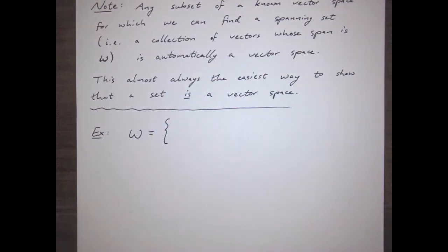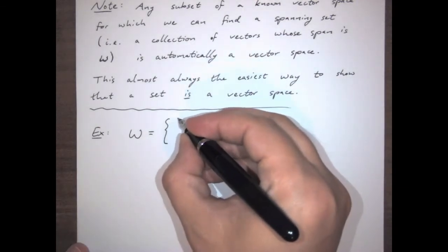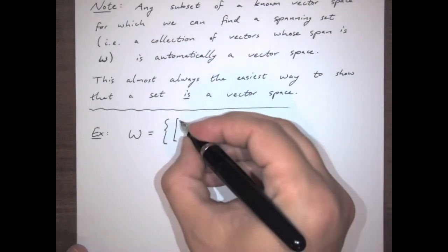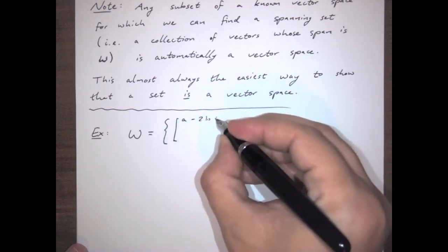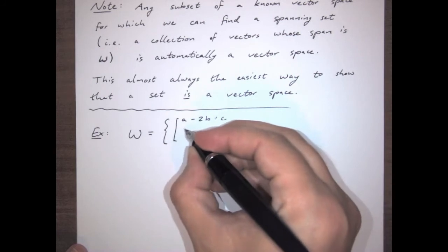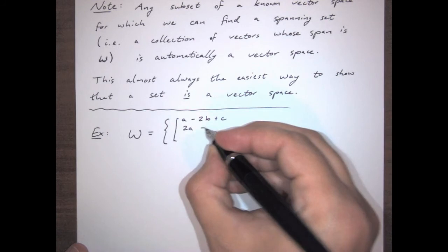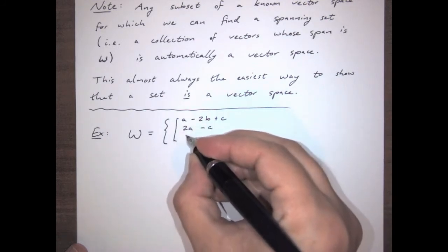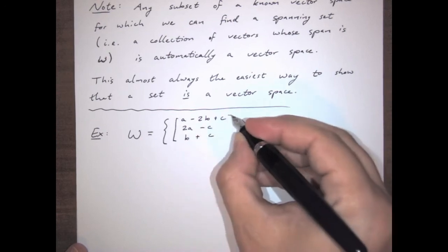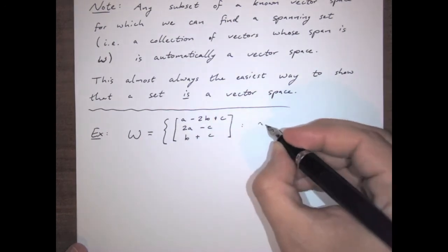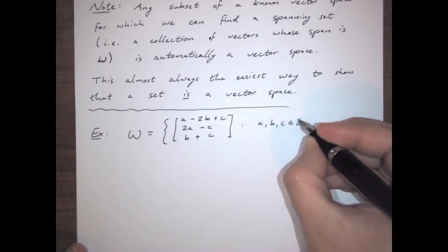It's going to be a collection of vectors, let's say in R3, and let's say they look like this: A minus 2B plus C, 2A minus C, and B plus C, where the A and the B and the C are allowed to be any real numbers.